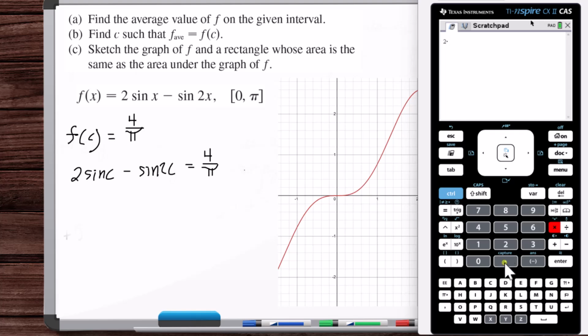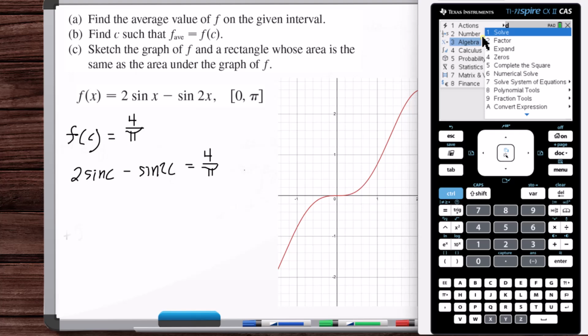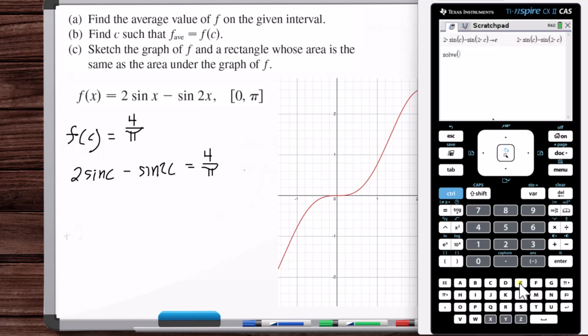So 2 times sine of c minus sine of 2 times c, store that as e. All right, now we want to solve for when e is equal to 4 over pi. We're solving for c.